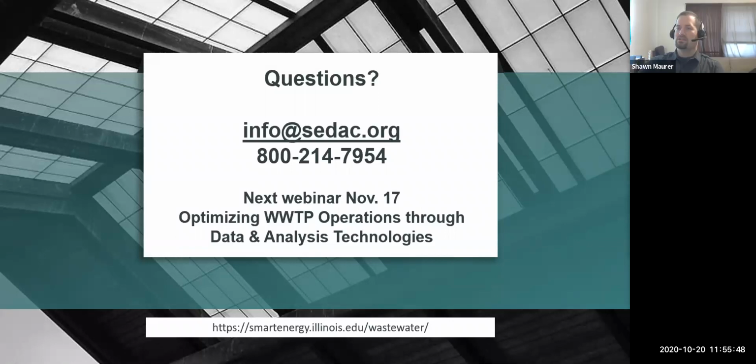We did get a question on where is the best location for chemical addition for phosphorus removal in a conventional activated plant. Primarily that's going to be where you're doing your settling of solids. So your primary clarifier, if you've got secondary clarifiers or secondary or tertiary filtration, that's where you're going to want to do your chemical addition so you can settle out that phosphorus in a place where you've got the equipment to handle that solids settling out.